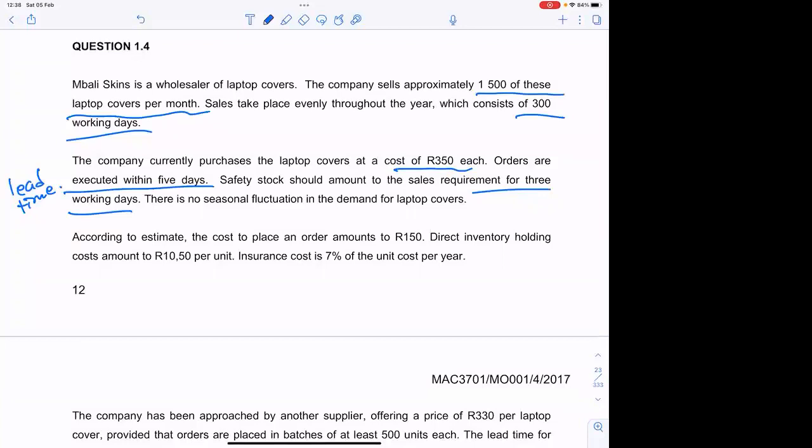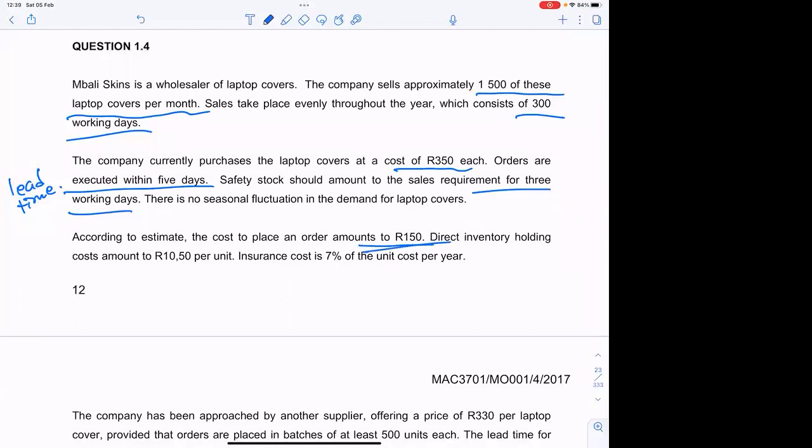So we are saying that if the entity is holding a safety stock, it is a demand for at least 3 days. There is no fluctuation in the demand for laptop covers. According to estimate, the cost to place an order amounts to 150.